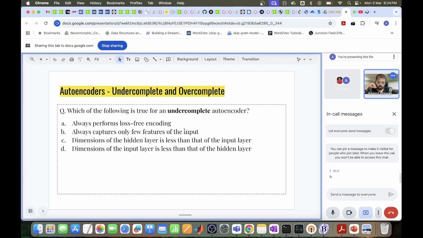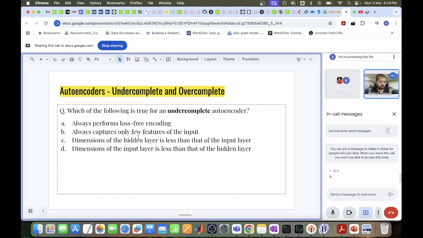So because of the nature of these models, you can never really say that A and B are going to be true, because it's not always going to be loss-free encoding. It might do it, but most likely it will not lead to loss-free encoding, especially because it is an undercomplete autoencoder, which comes with the definition, obviously, and always captures only a few features of the input.